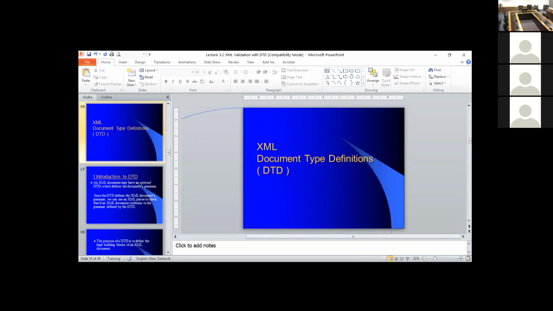That is part of your assignment, and I hope to get labs ready on document type definitions by next week.